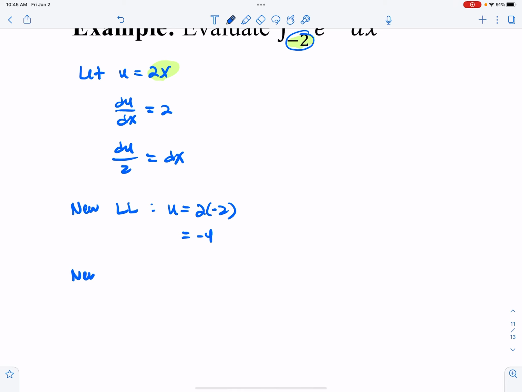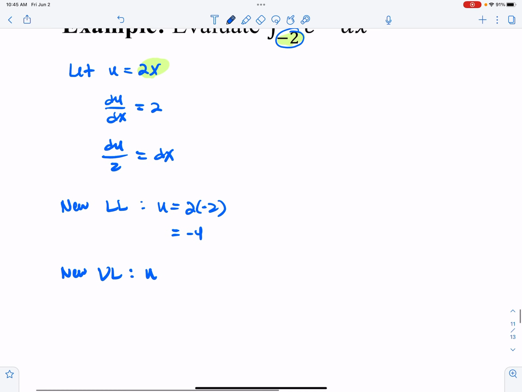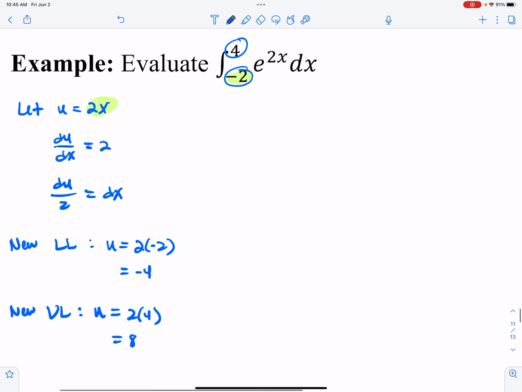And our new upper limit of integration, we would do the same thing. We would take 4 and substitute into what we had let u equal to, and we'd get 8. So when we rewrite this definite integral in terms of u, we're now integrating from -4 to 8 of e to the u du over 2.